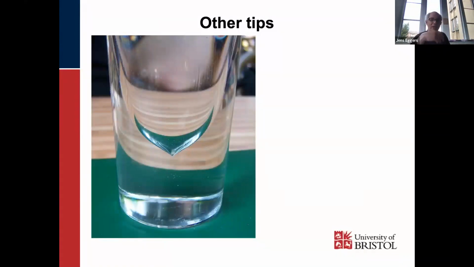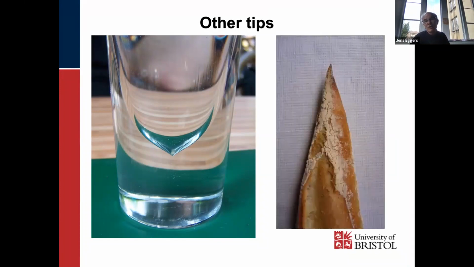For example, here, apparently air was driven into this glass, and as the glass cools, you preserve this very sharp tip structure. Or here you have a nice picture of a bakery product from France, where also you have produced a very sharp tip. So these are all axisymmetric or close to axisymmetric objects, which will be the topic of my seminar today.